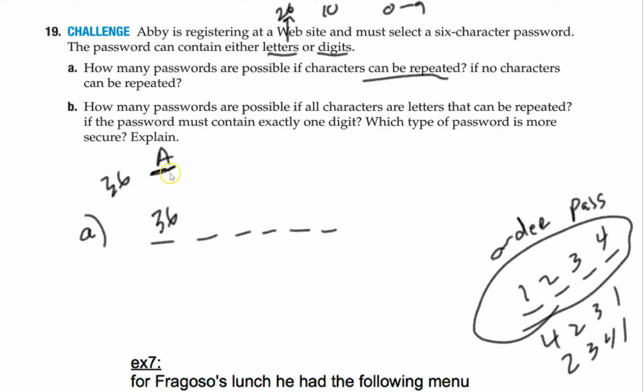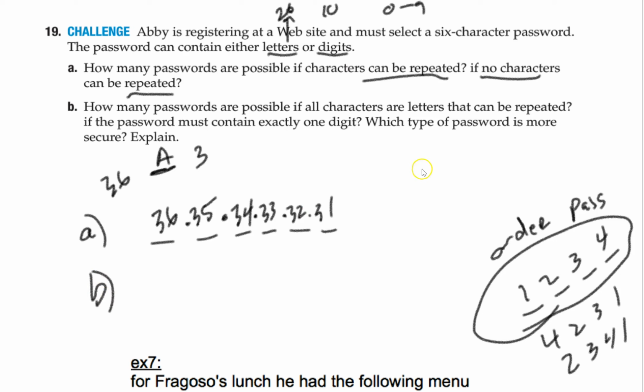But now I selected A. That means next time I have 1 less. I can't pick A again. No characters can be repeated. So now I have 35 options. Let's say I pick 3. Now 3 is gone. I can't pick A or 3 because nothing can be repeated. Now I only have 34 options. And so on. 33, 32, 31. So I can multiply these all together and get my answer.